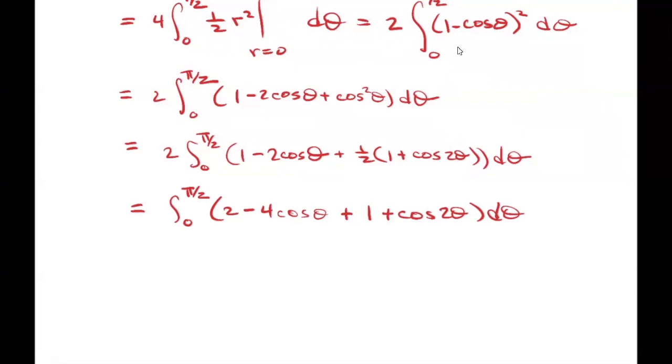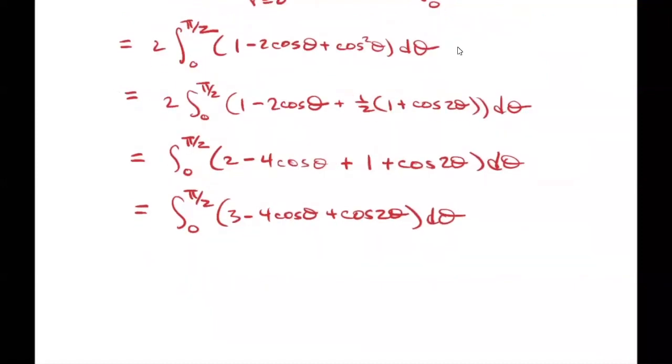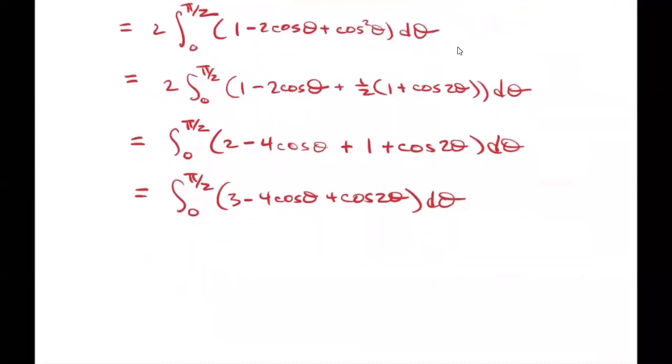And 2 plus 1 is 3, so I don't know how many times I'm going to rewrite this thing. So 3 minus 4 cos theta plus cos 2 theta. Okay. And now we can integrate.